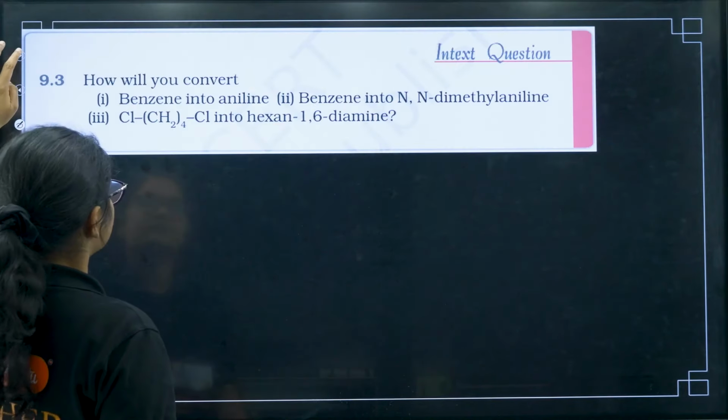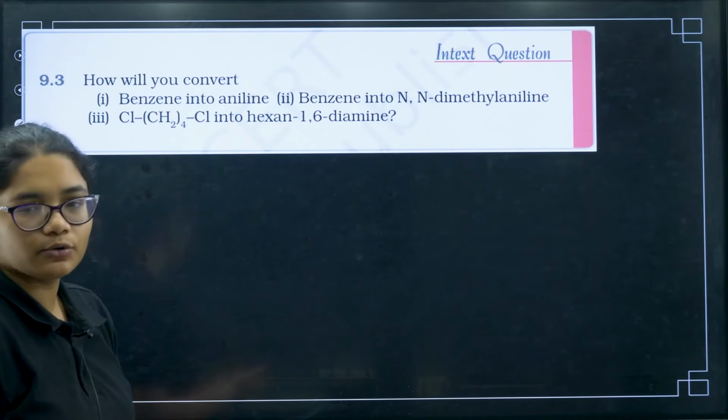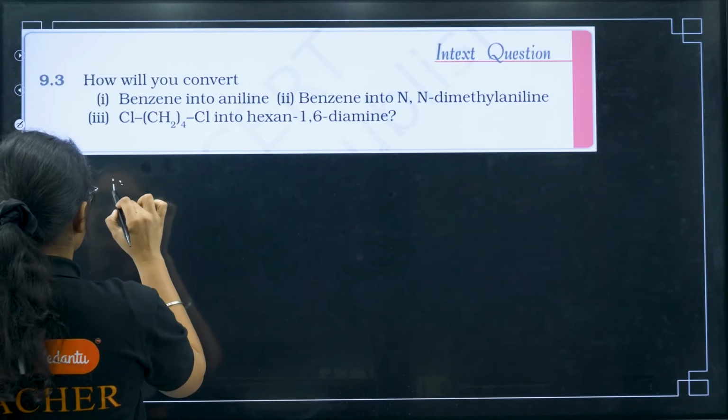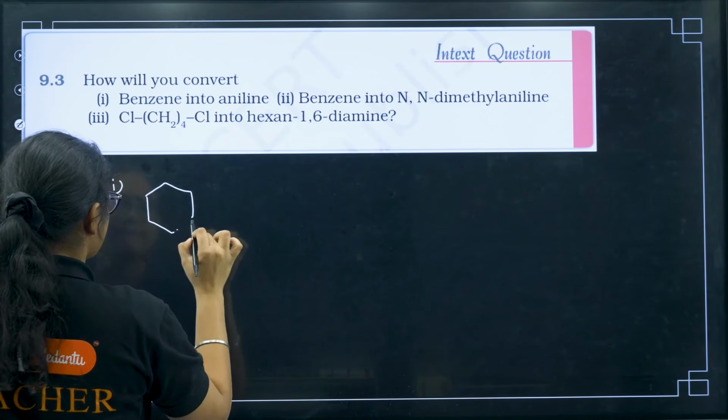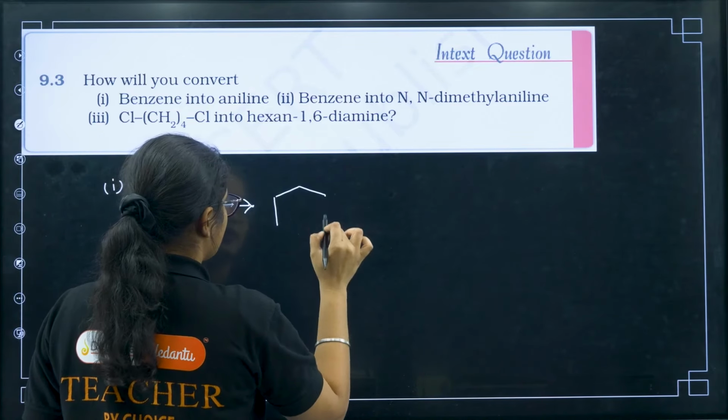Now we have some in-text questions. How will you convert benzene to aniline? This is very easy, right? We can just take benzene and make it nitrobenzene.